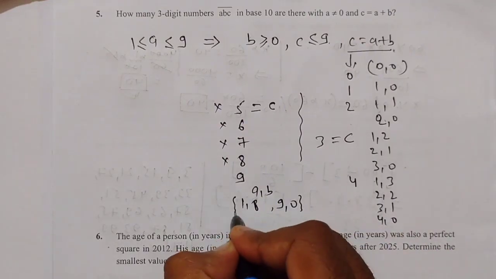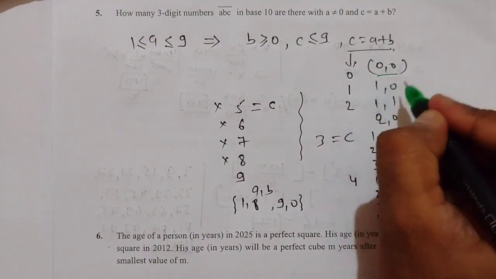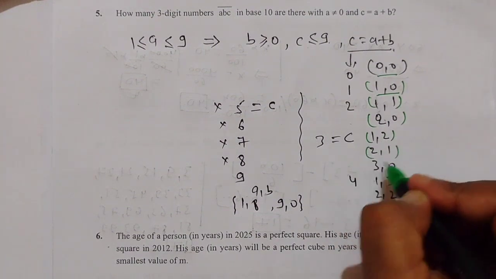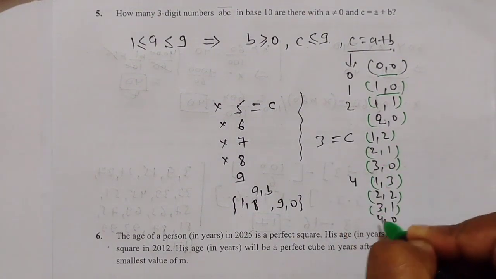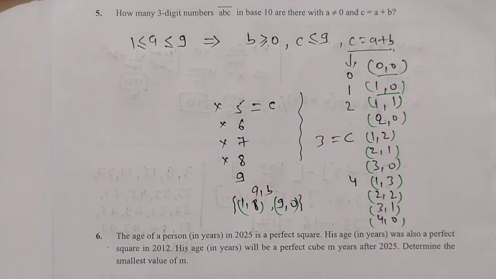So here the following pairs we have this and this.